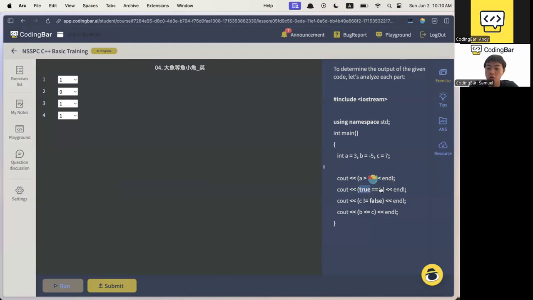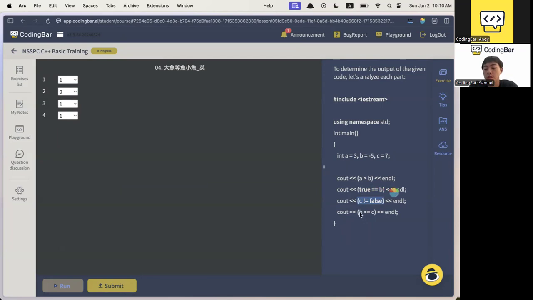And 1 equal B, 1 equal -5, doesn't equal. So this will be false, which will be 0. How about C not equal to false? C is 7, not equal to false. False is 0. 7 not equal to 0. This is true, so it's 1.